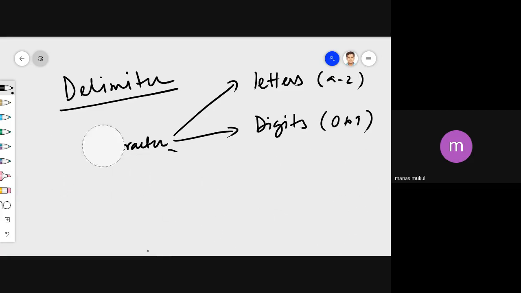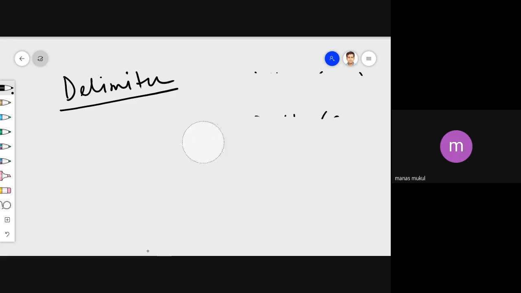Does anybody know the meaning of delimiter? Can you guess? Okay, so a delimiter is basically, for example, if you have something here, you need to specify the boundary for it, right? So you can use a delimiter.